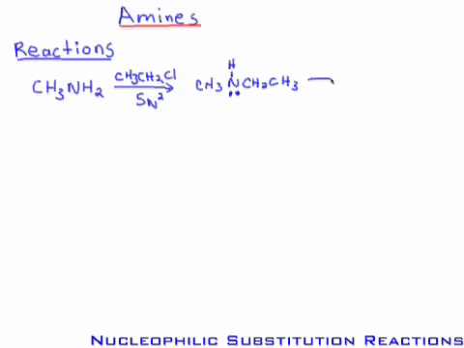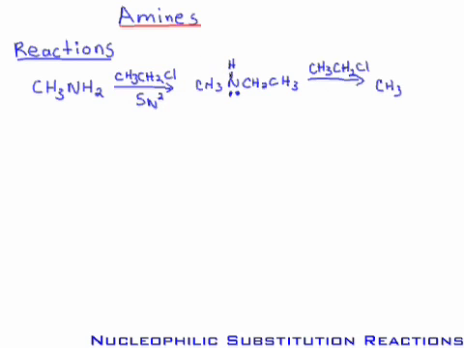Now, one of the problems with this reaction, of course, is that it can continue. We can attack again with CH3CH2Cl, a nucleophilic attack on the primary halide.